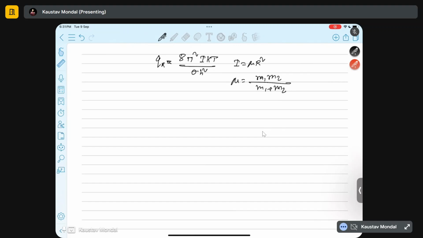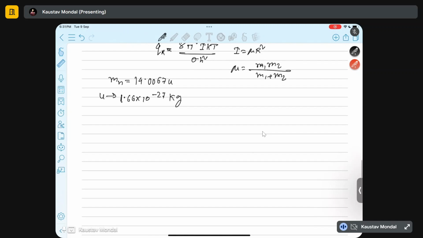It's a homonuclear molecule, so both are nitrogen atoms. We first write the mass of the nitrogen atom as 14.0067 u, and one u is 1.66 into 10 to the power minus 27 kg, right?